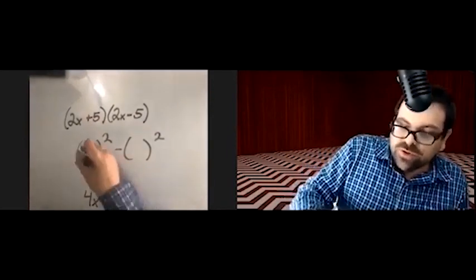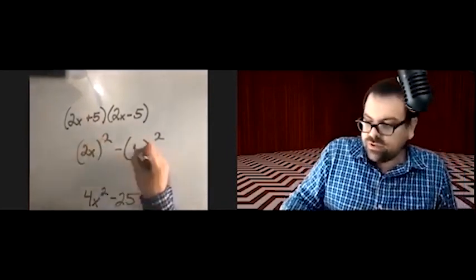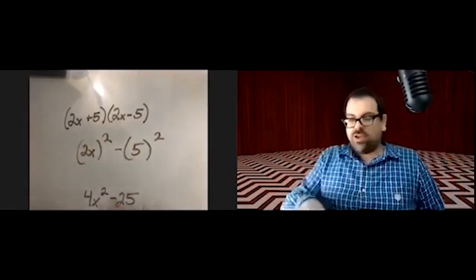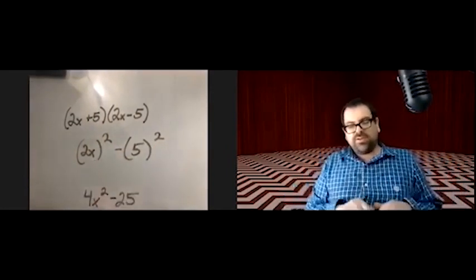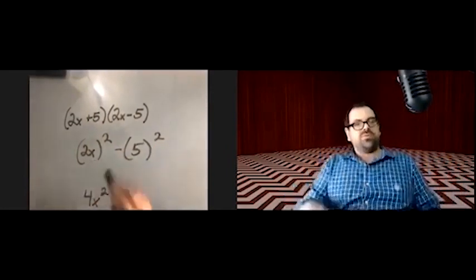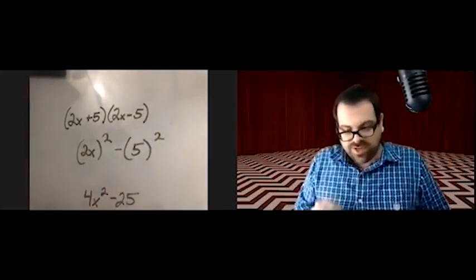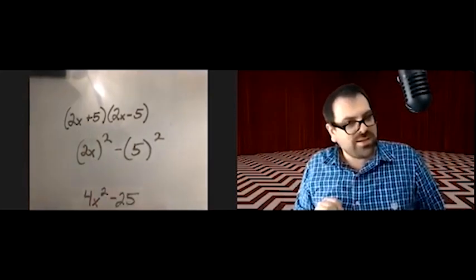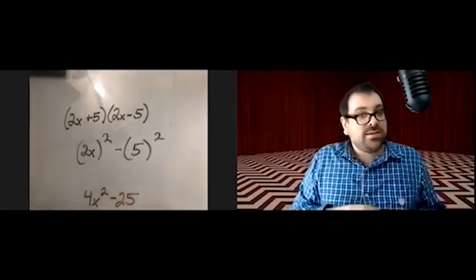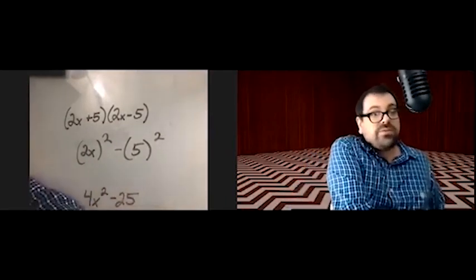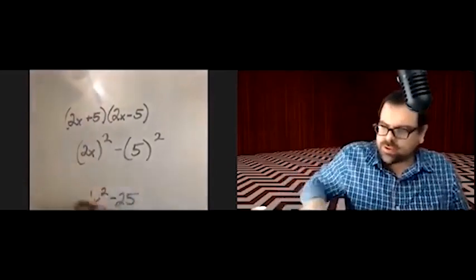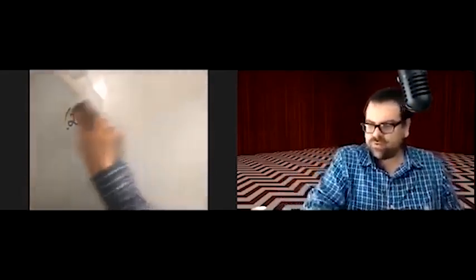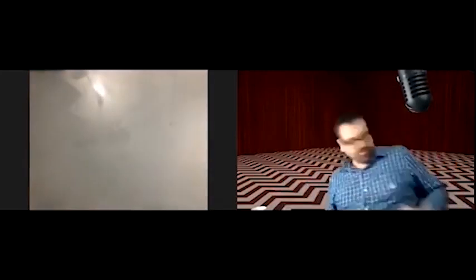What are the two things that we're squaring? Well, the first and the second. 2x squared, we use our exponent rule to get 2 squared x squared, or 4x squared, minus 5 squared, 25. So that's a difference of squares, multiplying conjugates together.